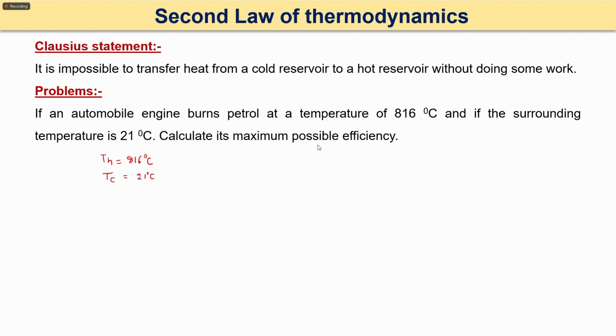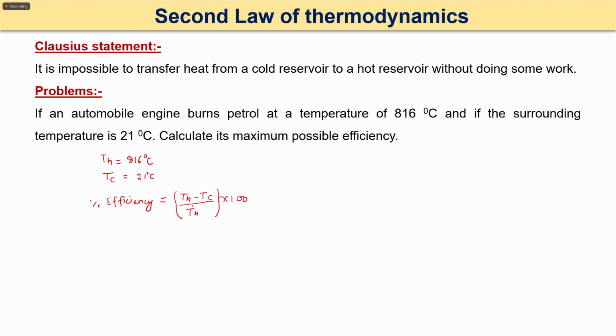So in order to calculate the efficiency, what formula? In the last class I told you that the percentage efficiency can be calculated using this formula: percentage efficiency is equal to (TH minus TC) divided by TH, and multiplying the whole with 100.